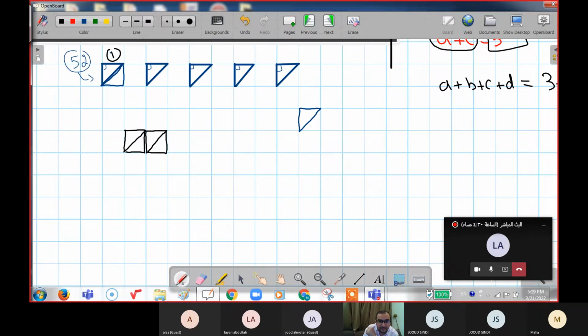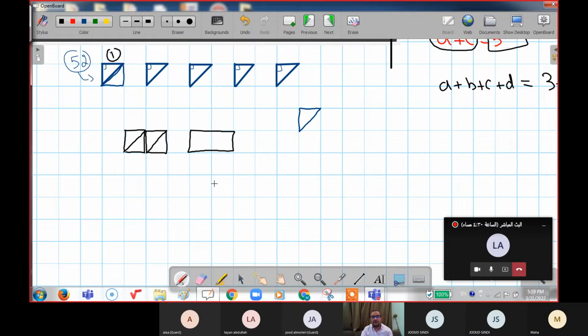Okay. Is this figure of the 2 squares together a square? Can I say I have a square here? No, this is a rectangle because the form of these 2 squares is like this.